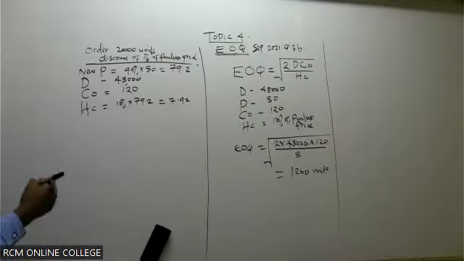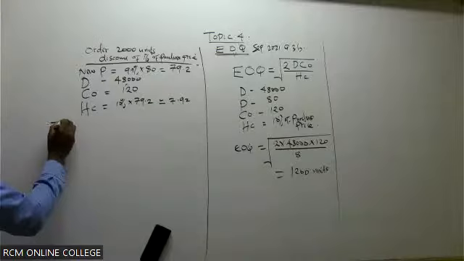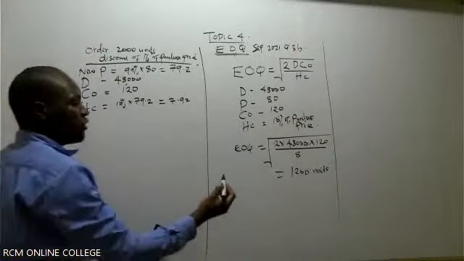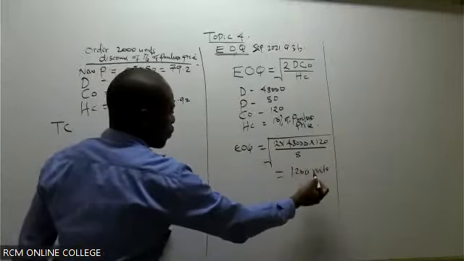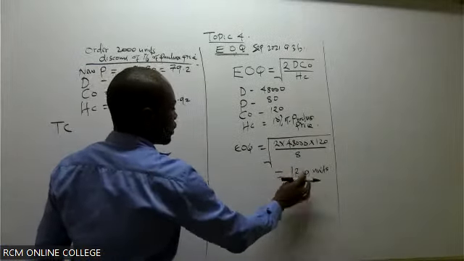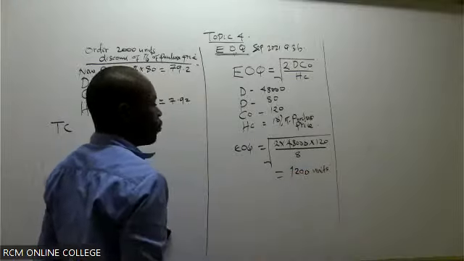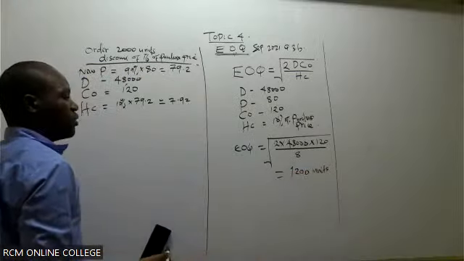Now, what they are basically asking you to do is, are you able to give us total cost when we order 2,000 units? Are you able to give us total cost when we order 1,200 units? What will be the most effective quantity for us to minimize cost?